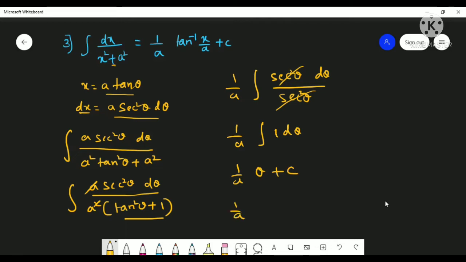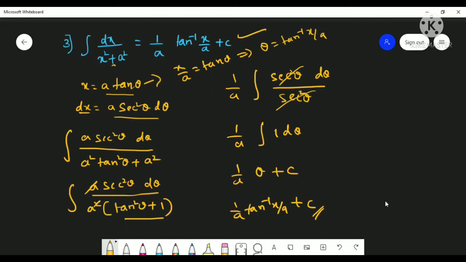Then 1 by a, what is the theta value from this? Can we find it? x by a is equal to tan theta. It implies that theta is equal to tan inverse x by a. So the answer is 1 by a tan inverse x by a plus c. This is the third proof.